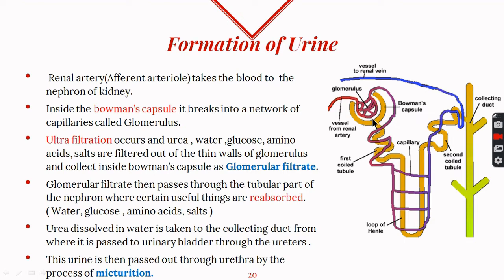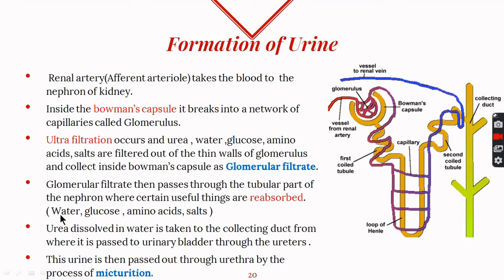Glomerular filtrate then passes into the tubular part of the nephron. Now this part of the nephron is highly twisted and convoluted so as to increase the surface area, because in the glomerular filtrate, along with urea, many other useful substances have also escaped from the blood. So they are reabsorbed in this tubular part.